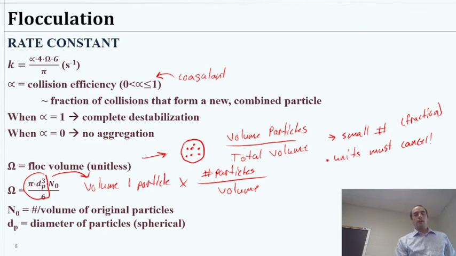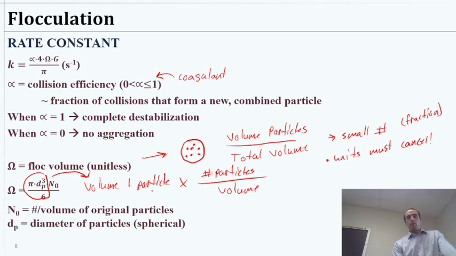So it doesn't actually matter that it's n naught, but it's almost always going to be easier to work with it that way, so long as we use that dp here. If we used n, we'd have to use the aggregate diameter, so we can't mix and match there. Anyway, we're just going to leave it as n naught here.